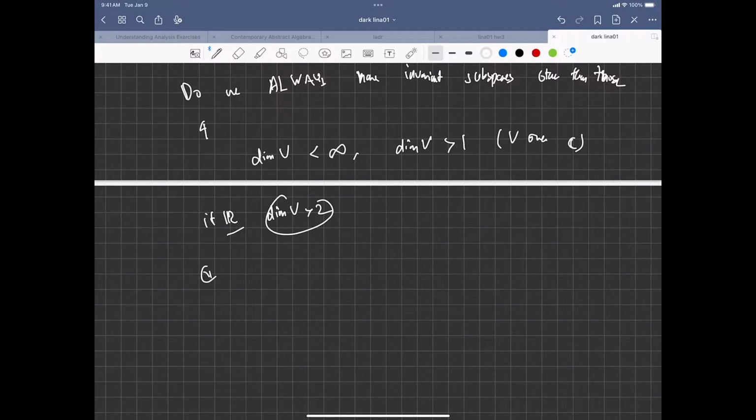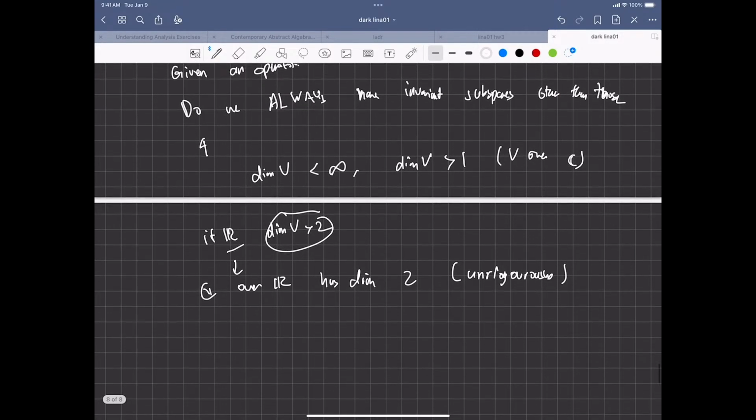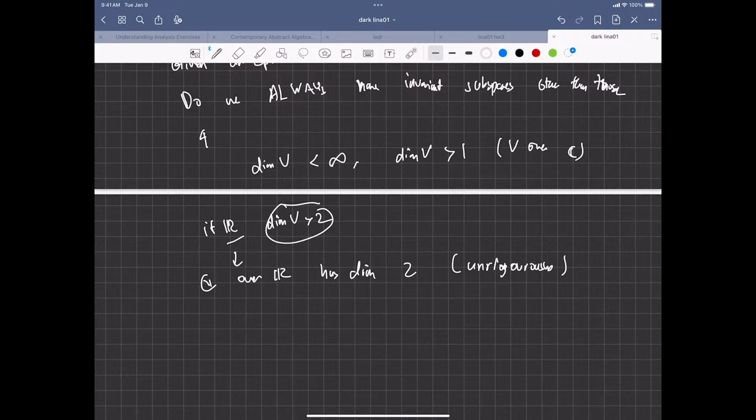Because C kind of has dimension 2 over R. This is unrigorously speaking, obviously. And this we will prove in a bit. In fact, we'll prove it either within this chapter itself or the next. I'll prove it within this subsection.